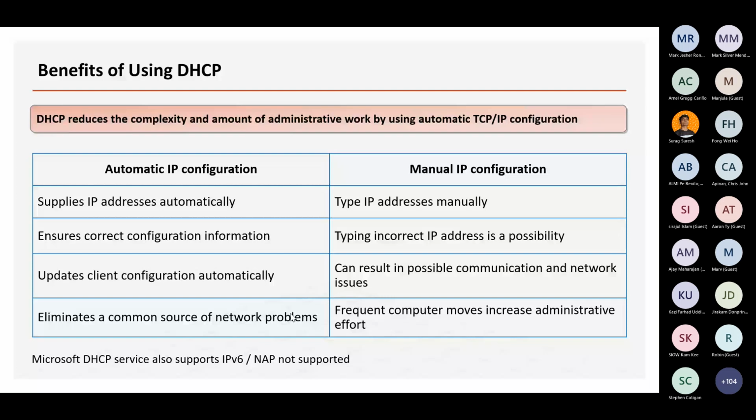Now, if you're using a manual IP address, how is it generally done? We need to go to each and every device and manually type 192.168.0.1 or 10.0.0.1. Charida or Sandesh or Abdul, we need to go and do it, right?